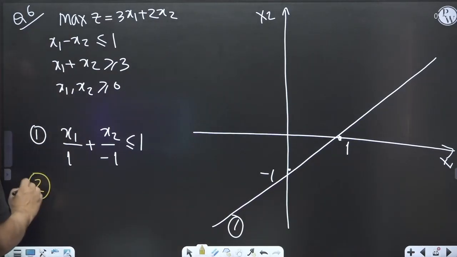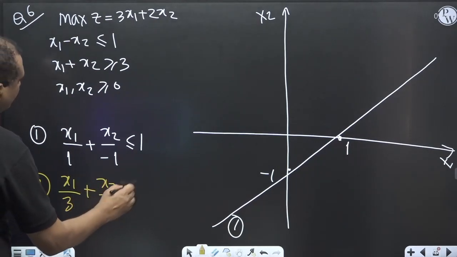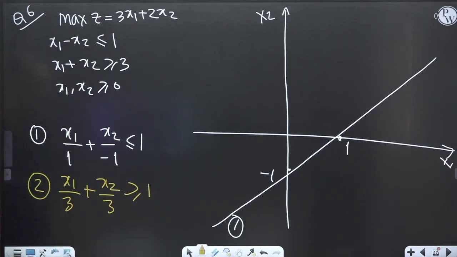Second constraint: x1 divided by 3 plus x2 divided by 3 greater than or equal to 1. So the intercepts are 3 and 3.